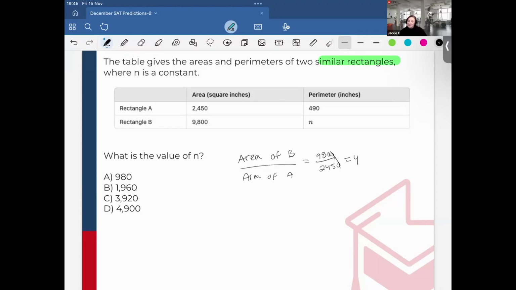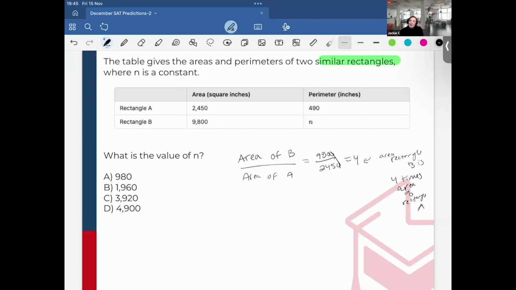Oh my goodness, it's 4. Okay, so that means that the area of rectangle B is 4 times area of rectangle A, which I think makes sense, right?